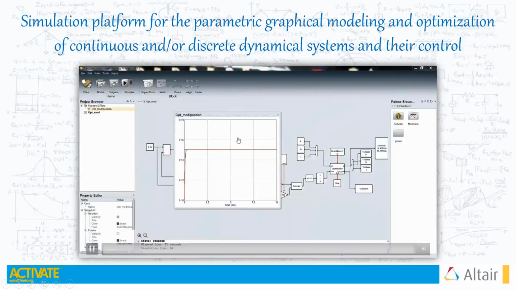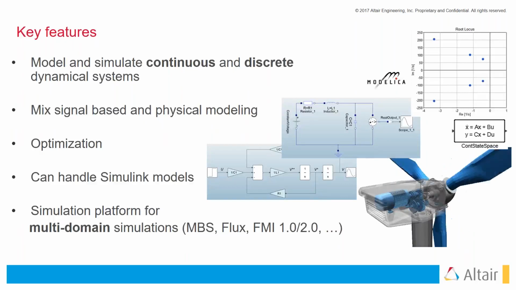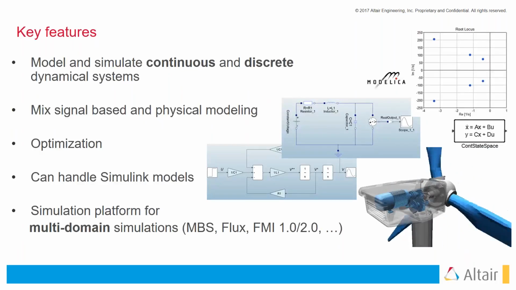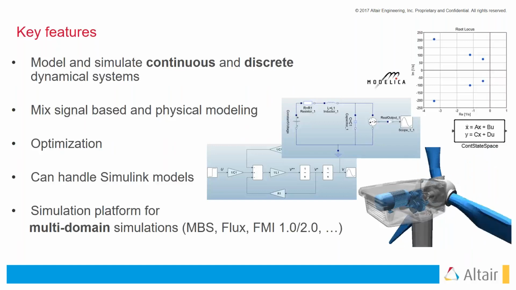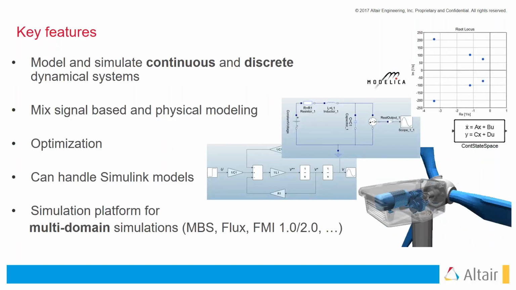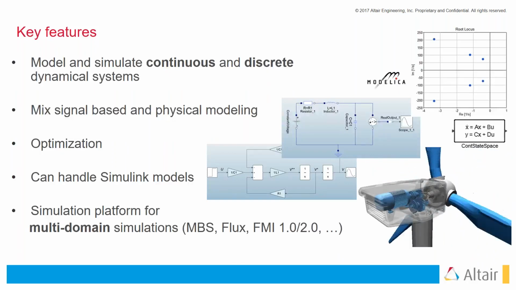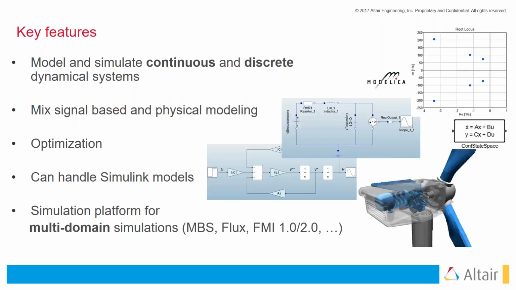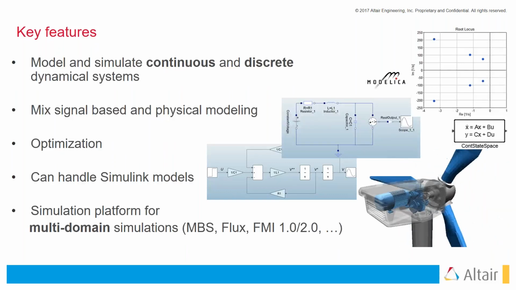Activate key features: you can model and simulate continuous and discrete block sets. Dynamic systems can be modeled, and you can do a mixed approach. As I've spoken about, you can do signal-based and physical-based modeling. It may be any domain, you can model it if you know the math equations. We have all the block set libraries available to build plant and control models, and you can do optimization of your controls.